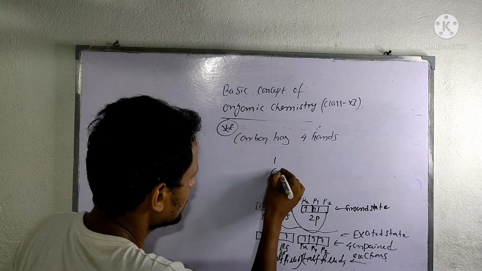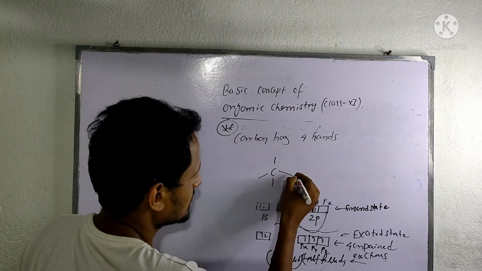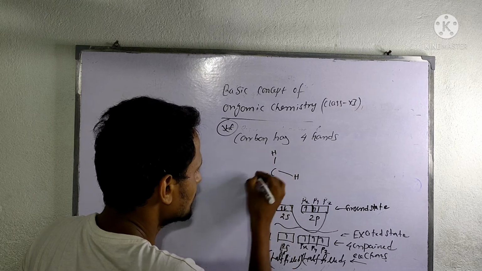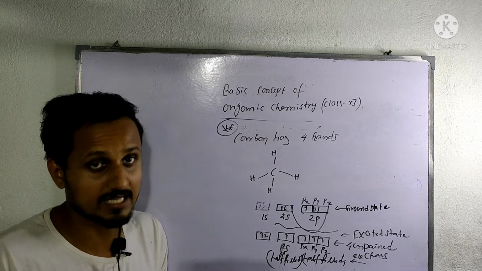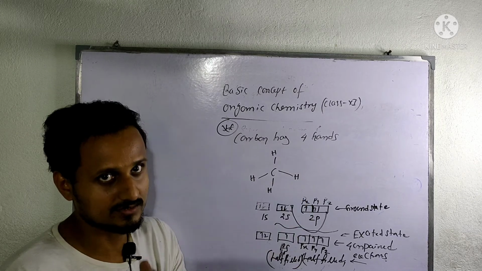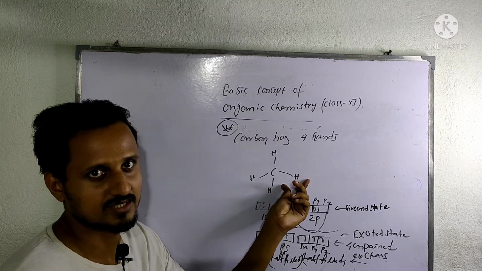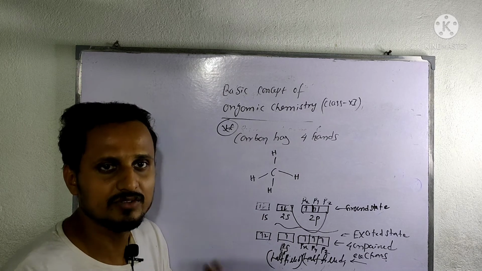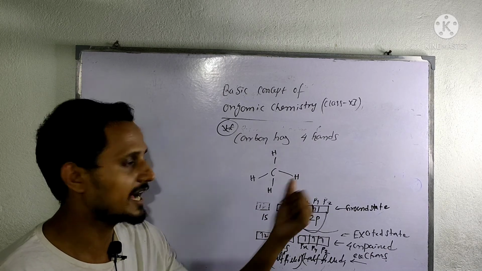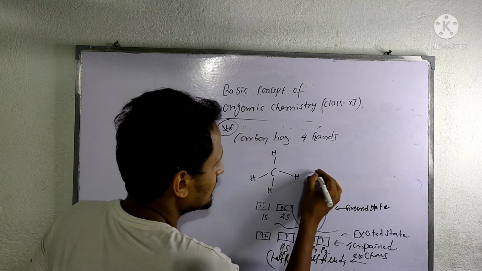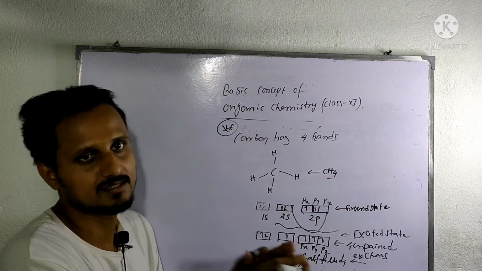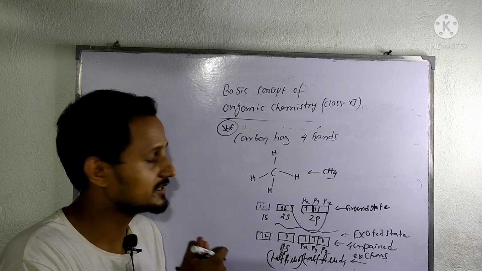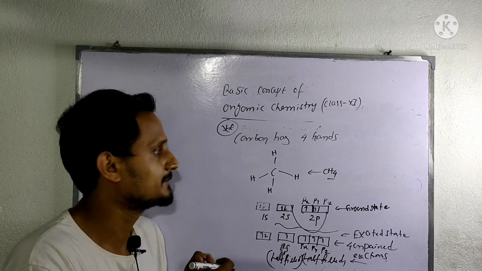Carbon can form a compound like this, in 4 hands taking monovalent atoms. As hydrogen has valency 1, it takes only hydrogen. Whenever we fill the valency of the carbon, we add hydrogen. So it is the first compound of carbon, methane, the simplest compound.